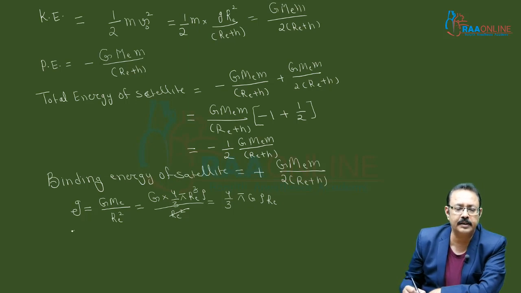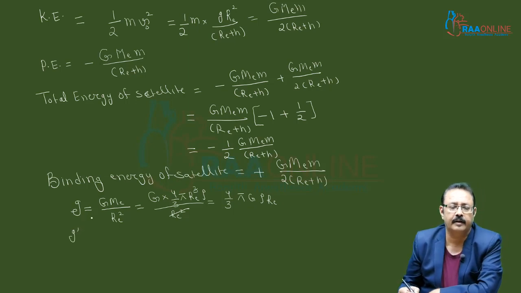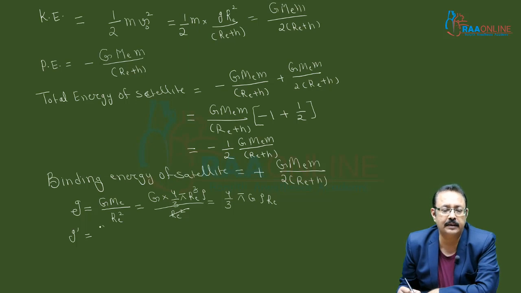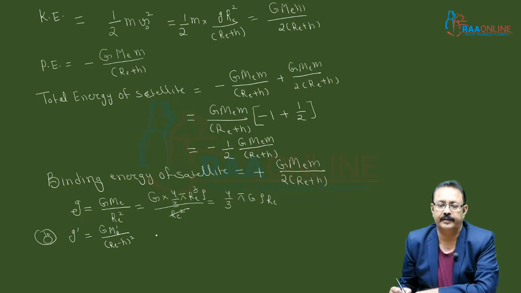When we are going inside, what we are getting there? Inside, we are not on whole mass. Now, mass is suppose ME dash. If we are at H depth, so it should be RE minus H whole square.